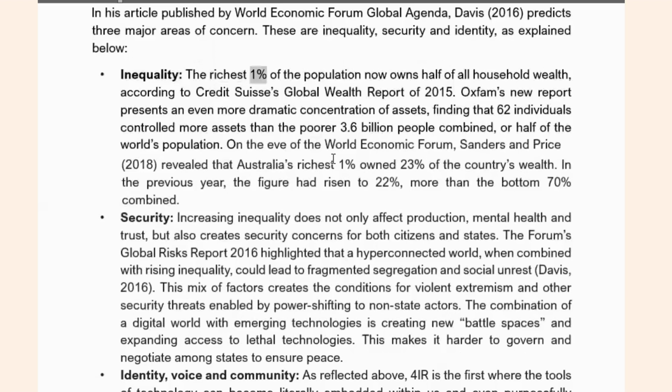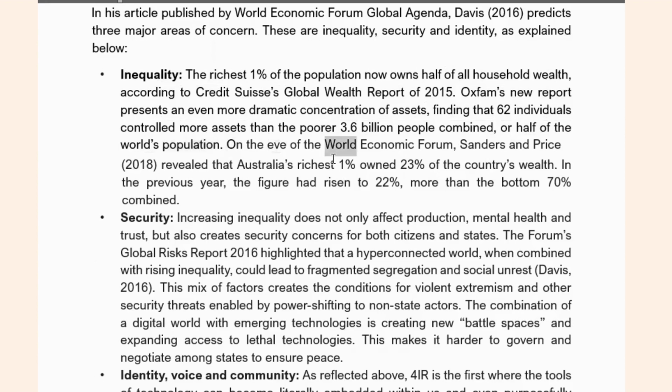Inequality. The richest 1% of the population now owns half of all household wealth, according to Credit Suisse's Global Wealth Report of 2015. Oxfam's new report presents an even more dramatic concentration of assets, finding that 62 individuals controlled more assets than the poorer 3.6 billion people combined, or half of the world's population.